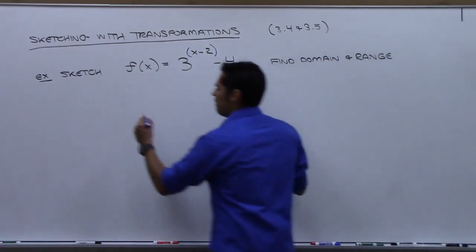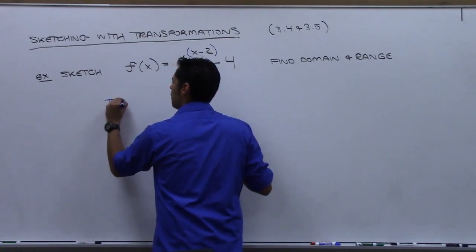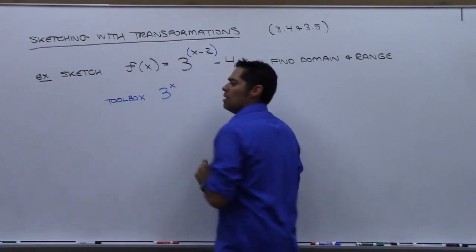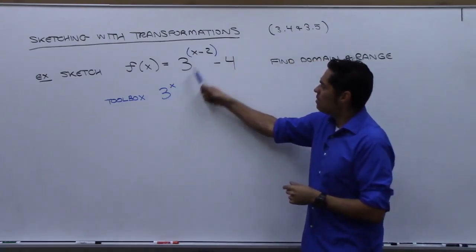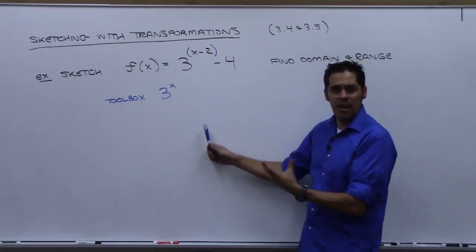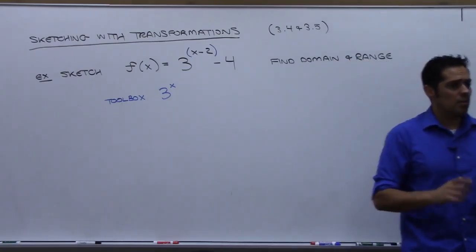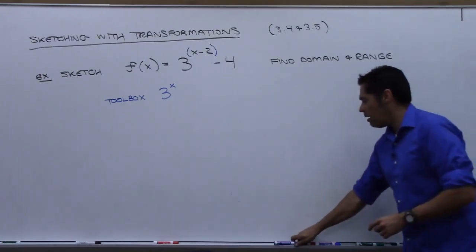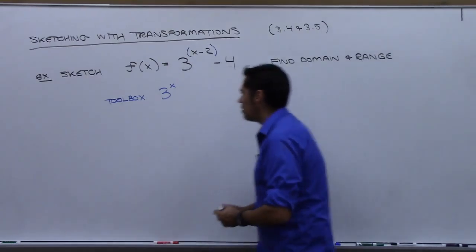Okay, so what we have here is our toolbox function is actually 3 to the x. And then what we've done is we've subtracted 2, which moved it to the right 2, and then subtracted 4 here and moved it down 4. Understand that? So we have to know what that looks like first before we start moving it around. So let me draw a kind of detailed picture of this.